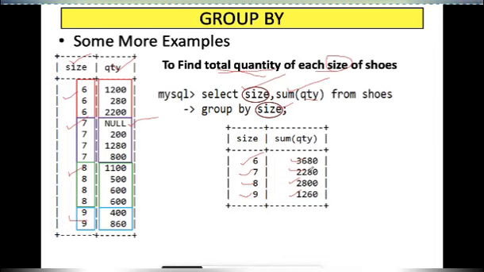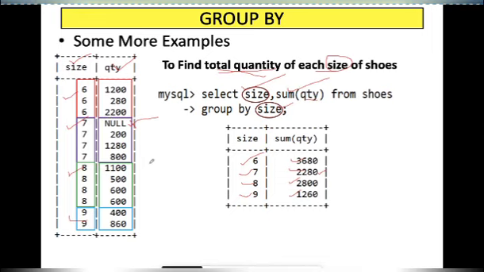Otherwise, the output would have been null, because null plus 200 is null, null plus this is null, null plus this is null. So it has simply ignored the null value and then given you the output. I hope these examples are clear to you.